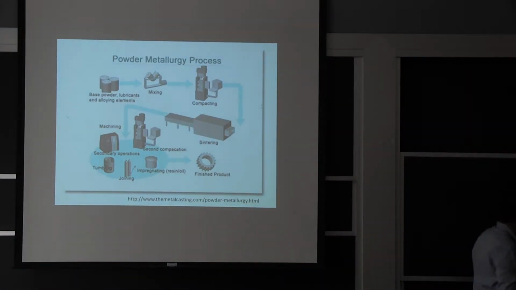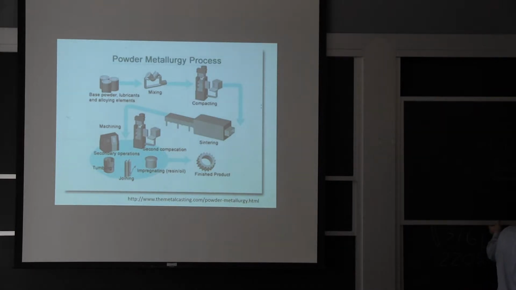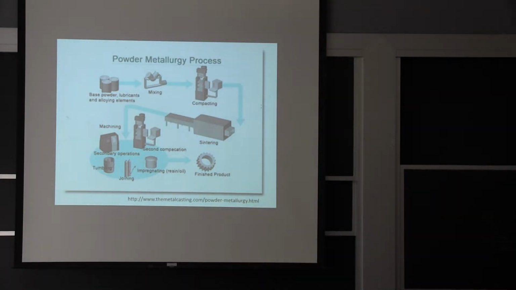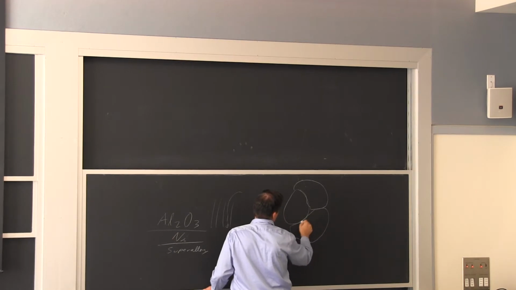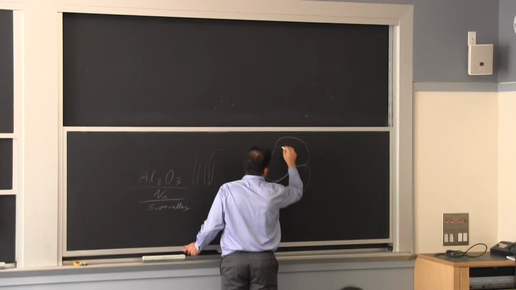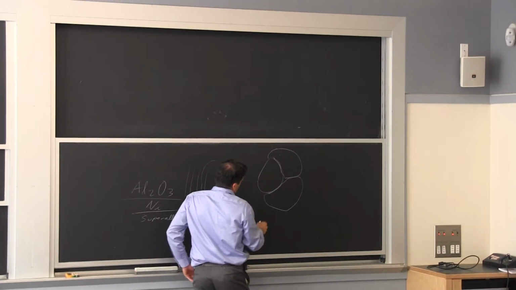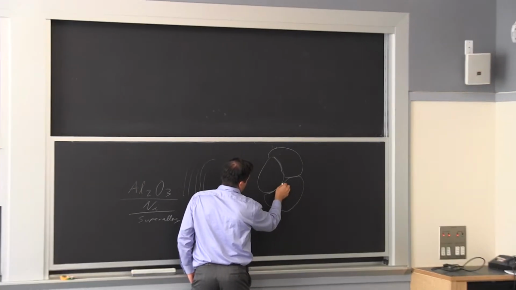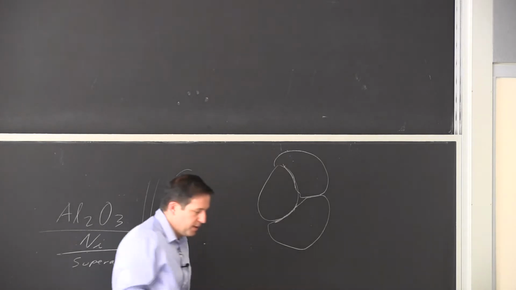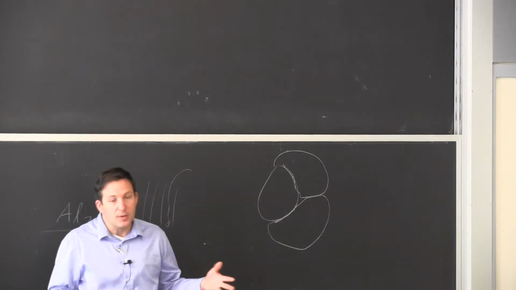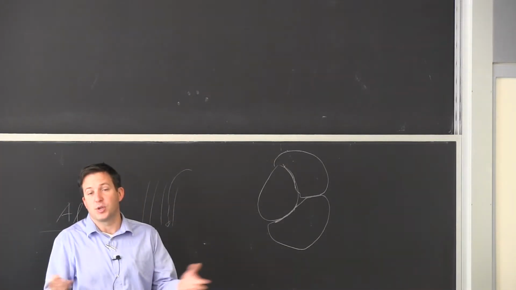So if I started, and say I got my particles this way, I created by mechanical deformation a good amount of interfaces. By diffusion, I can continue moving my interface this way, and in sintering, the volume of the part is always going down.